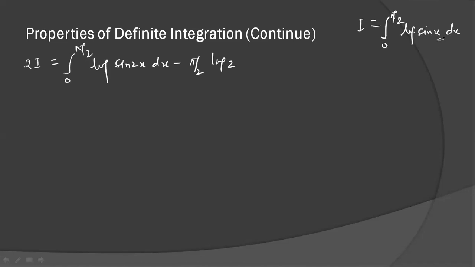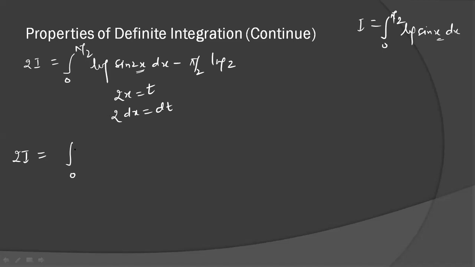Here the coefficient of x is 1, but here the coefficient of x is 2. So replace 2x as t. So 2 dx will be dt. When you substitute, using integration by substitution, your limit is going to change. So always check the change in limit. Many times it's the same, but many times it changes. It depends on the substitution.